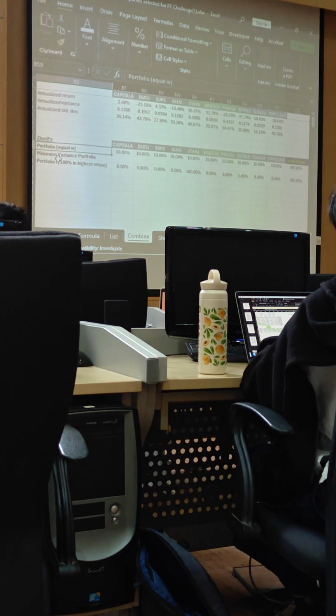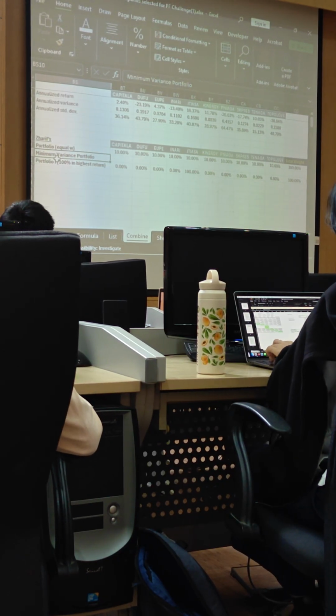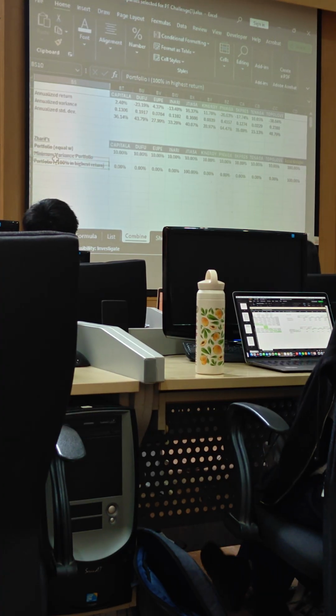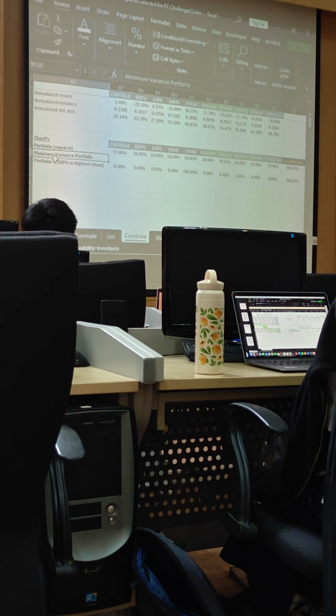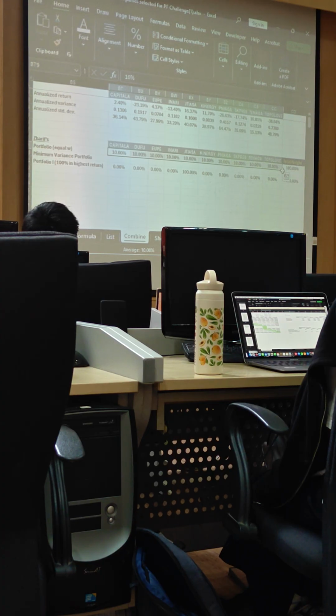Okay, so we have one portfolio. Remember that this portfolio number 3, the JTSR, is the highest return possible. But the minimum variance portfolio adalah portfolio where you can get the lowest risk.